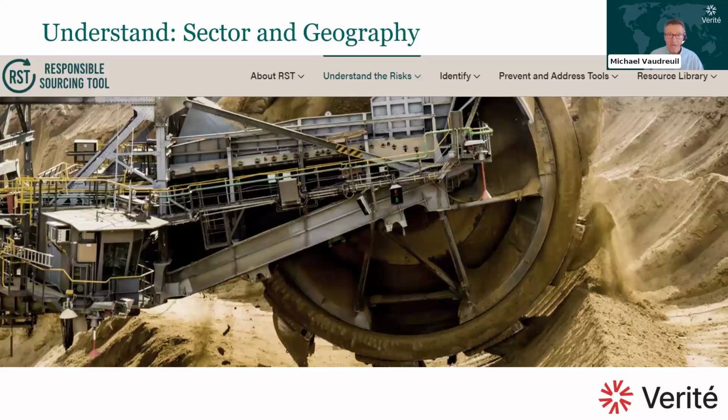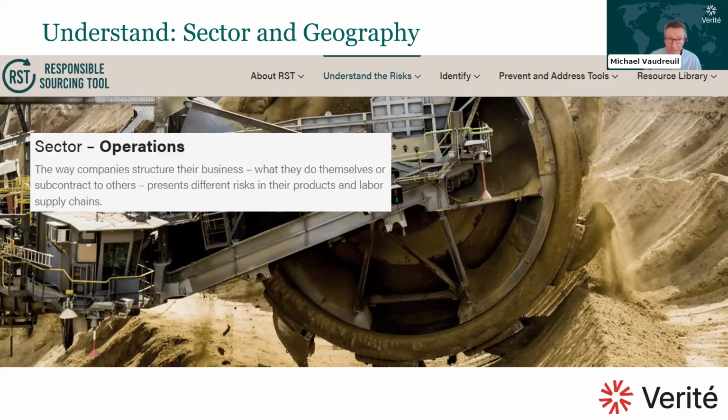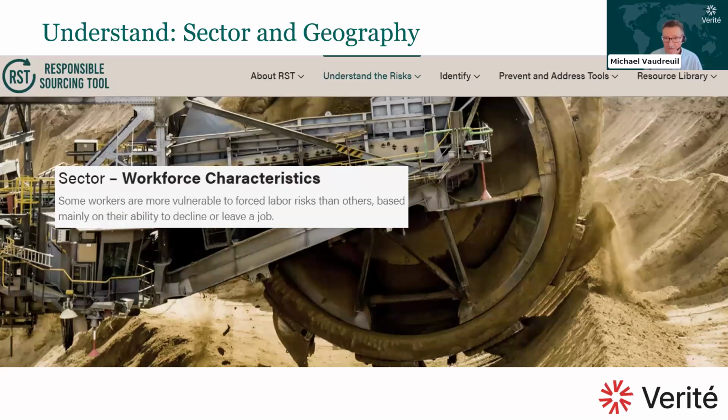This is a very quick overview of the understand risk pillar. It first describes risks related to the product or the commodity, how that particular product or commodity is produced, essentially what are the operational risks, and then what's the nature of the workforces present in that particular sector, the nature of the work that could present vulnerability to forced labor.